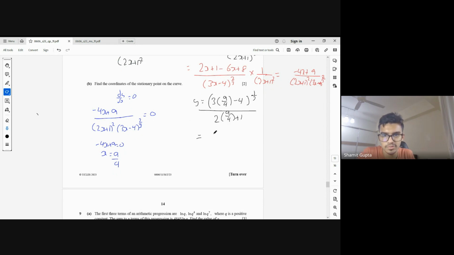This is actually around 0.255. You can simplify that and get an exact value, but it'll be a little bit complicated. So you can stick with this right now. And if you're writing 0.255, might as well write 9/4 also, right?